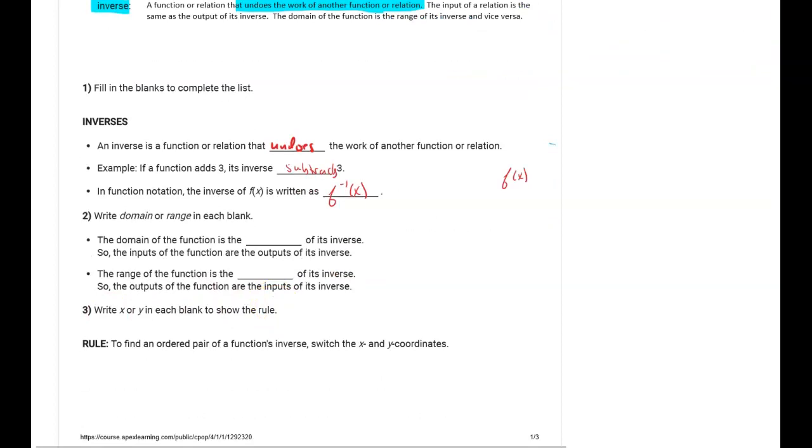The domain of a function is the range of its inverse, so the inputs of the function become the outputs of the inverse. Then the range of a function is the domain of its inverse. I'll explain this a little more when it comes to examples.